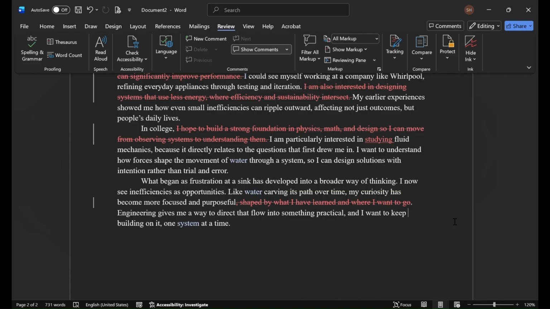And in any event, you also get those same sort of ideas reinforced anyway through, in this case, the sort of simile here, like water carving its path over time, my curiosity has become more focused and purposeful. So that already recalls the previous water figurative language, and then that same idea of the past affecting the future and shaping purpose. So there's just a little bit redundant here to state it again.